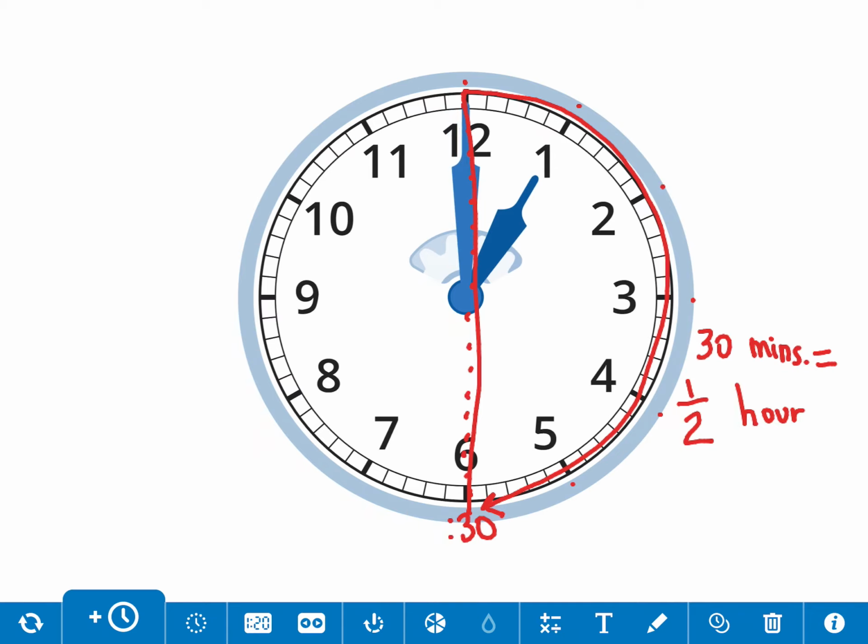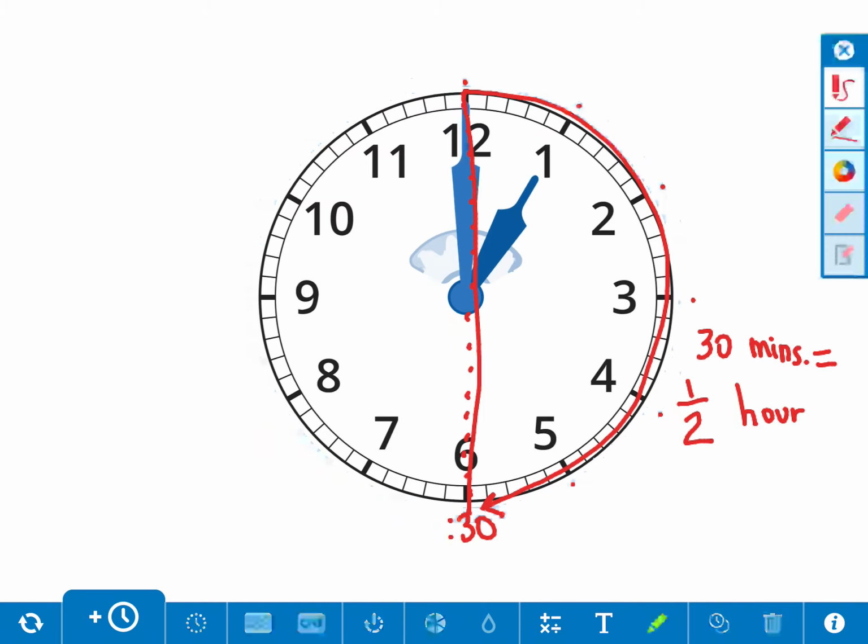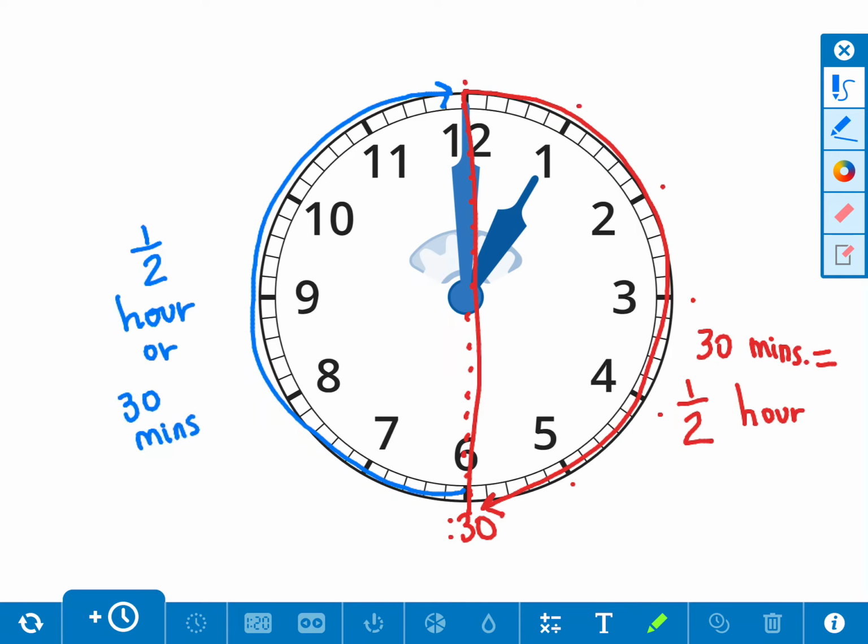So how much time has passed? If you said a half hour, you are correct, because, again, my minute hand traveled around the other half of that clock face. So another half hour has passed, or that's the same as 30 minutes. Nice job.